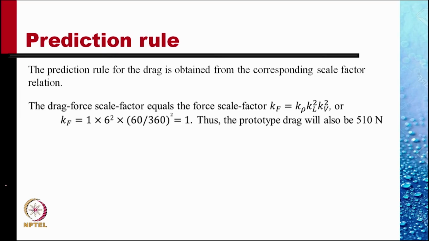So the scale factor of force is 1 into 6 square KL square into 60 by 360 whole square, which is the square of the velocity scale factor, and that turns out to be 1. Thus, the prototype drag will also be 510 Newton, the drag on the model, because the scale factor of forces is 1.